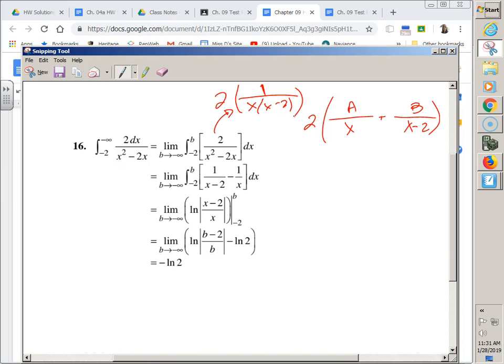Because if you plugged in 0, 1 over... Yeah, because then this can come on back in. I think you double did the 2. Yeah. Like you pulled it out, but you also did it in the partial fraction, so you used it twice. Are we okay?